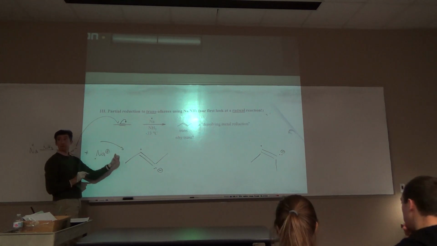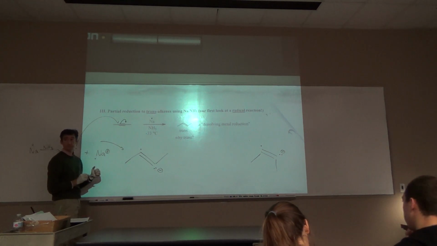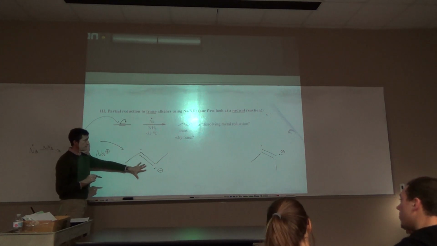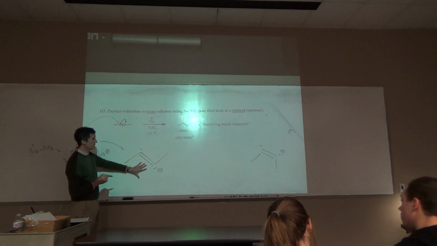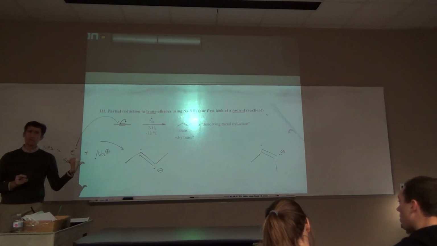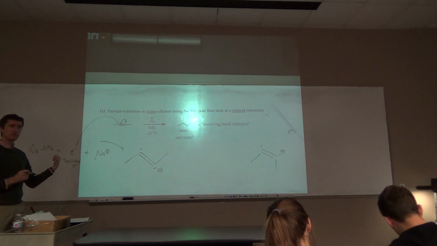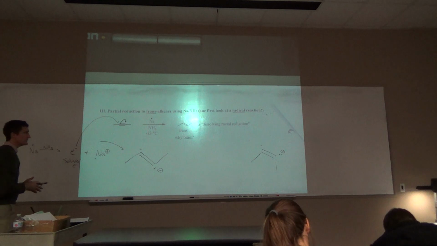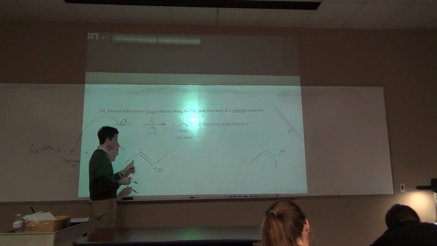Here, the molecule has a choice. And it chooses trans because the transition state leading to this is going to be lower because it's a lower energy molecule. It has a choice here. That's why it's trans. When you do a hydrogenation, the molecule doesn't have a choice. It has to be a certain way because the H is coming from one side. Here it has a choice.